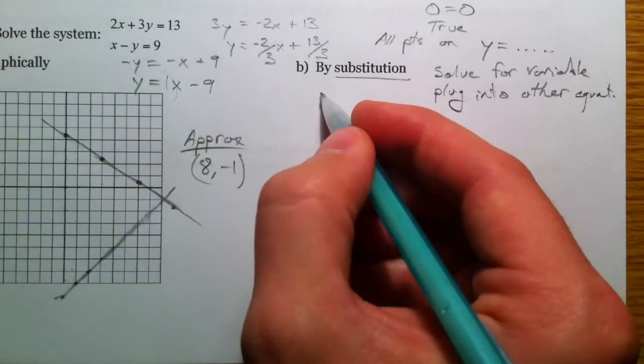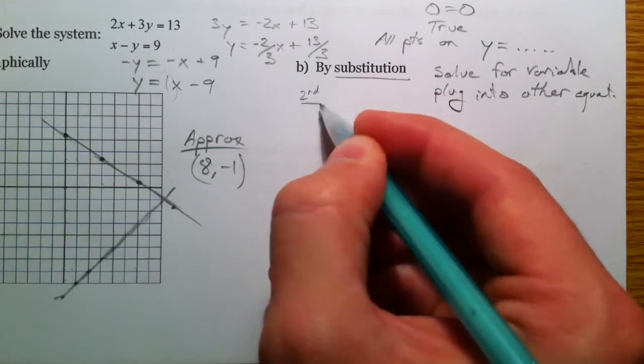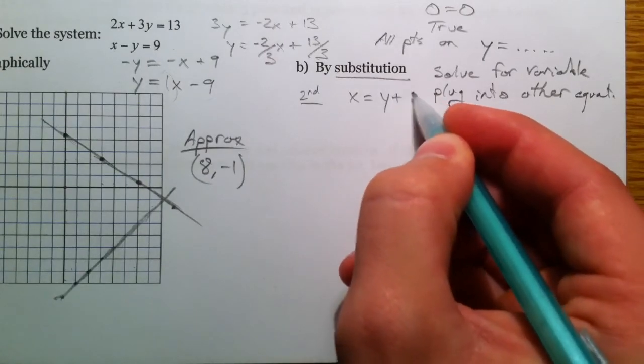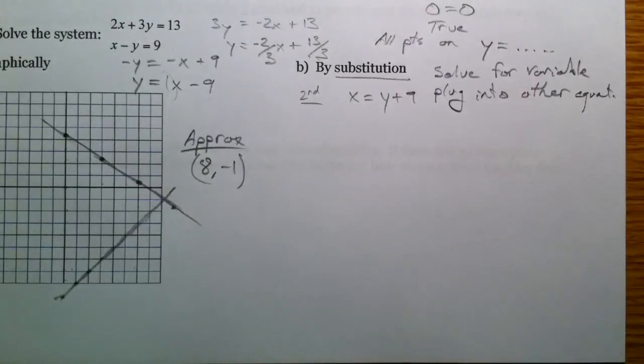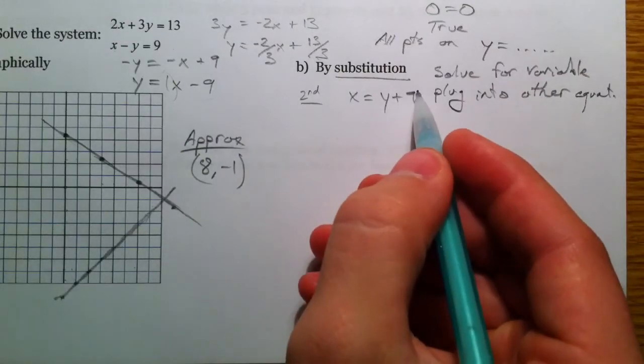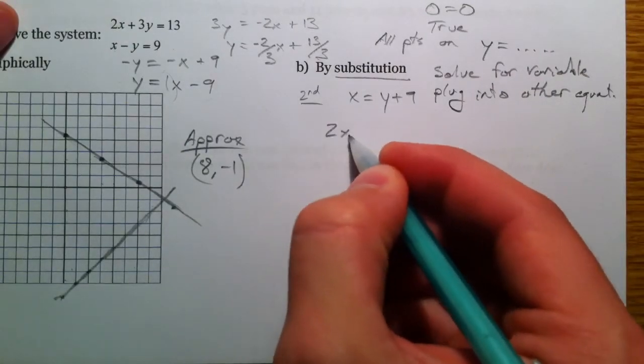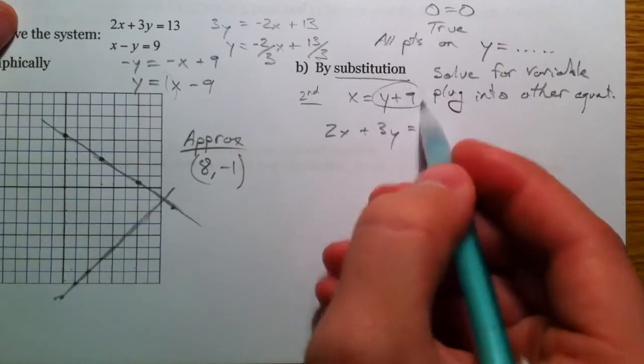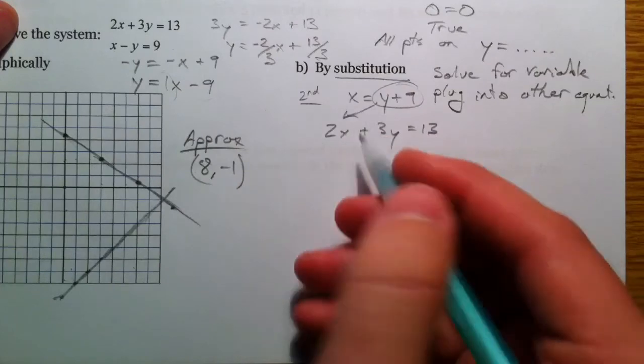And so what I'm going to do is take the second equation and say x equals y plus 9. And then we take that y plus 9 and plug it into 2x plus 3y equals 13.